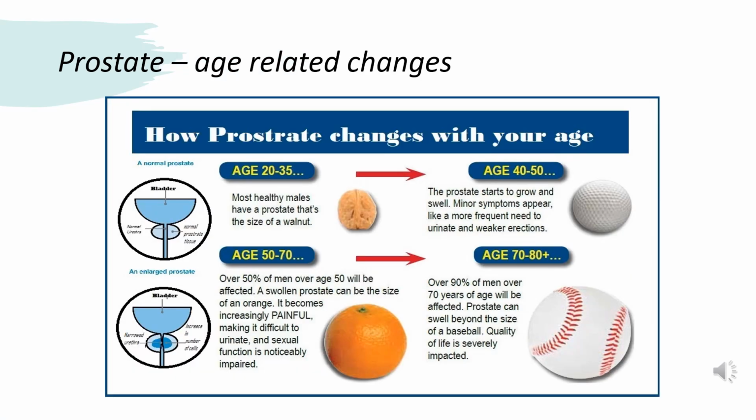To the last but one objective, the changes in the prostate gland with age. The prostate exhibits drastic age-related changes. In childhood, the prostate gland is relatively small and is composed mainly of fibromuscular stroma and rudiments of the ducts.